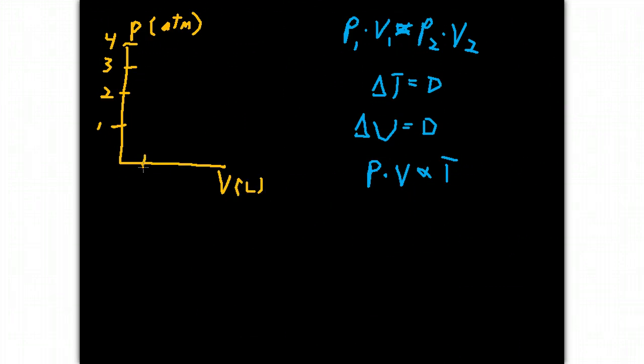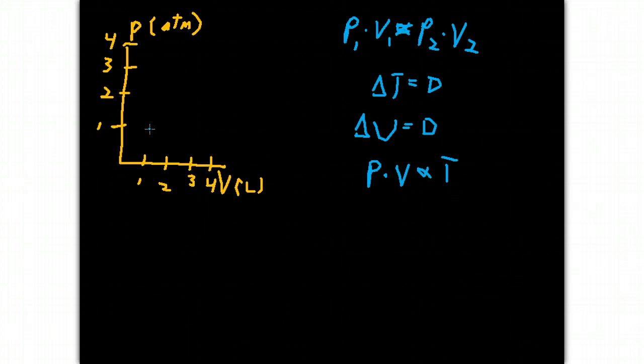There's no reason to do anything else really, so we'll do 1, 2, 3, 4. So I've got this basic setup, and one of the things that we can use PV diagrams to tell us is what the temperature is like.